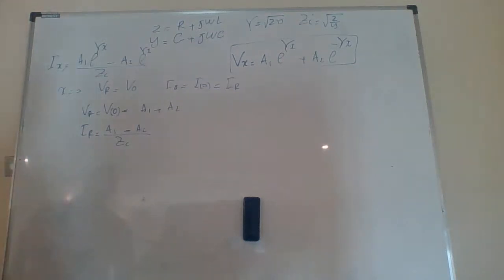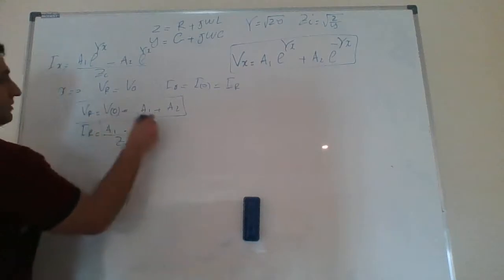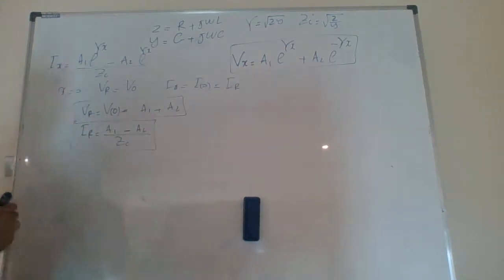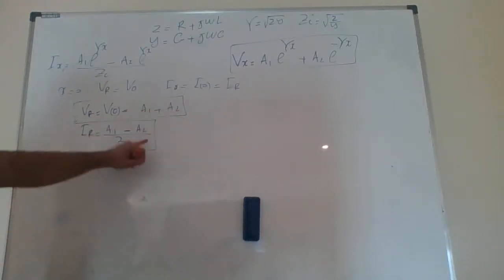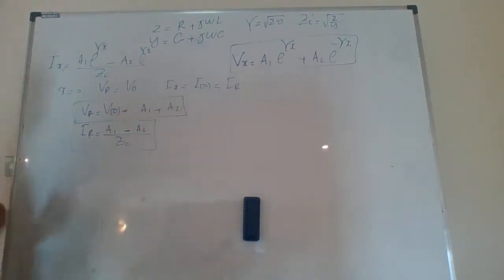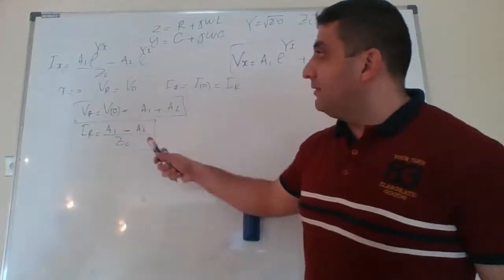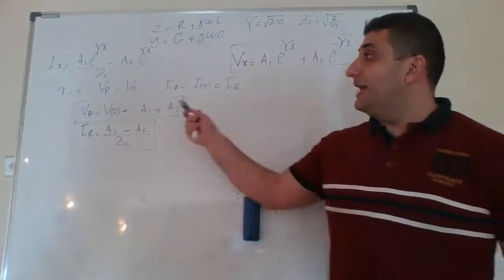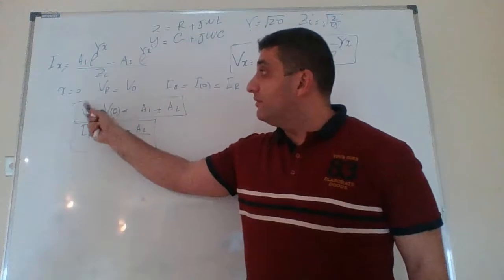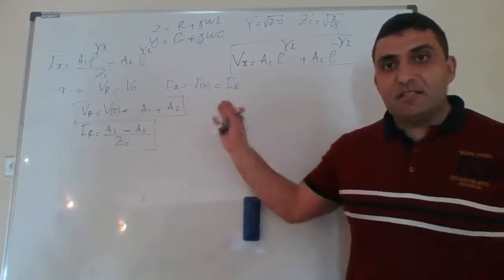All I have to do now is, I have VR in respect of A1, A2, and IR in respect of A1, A2, and ZC. I need to take A1 as a function of VR, IR, and ZC as well, and A2 as a function of VR, IR, and ZC.